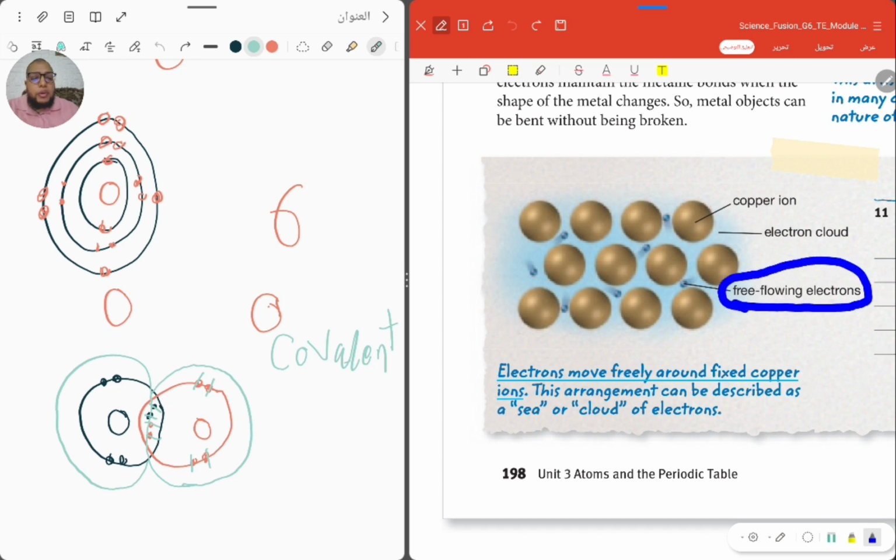These free flowing electrons give the metals a lot of properties, like being good conductors of heat and electricity, and malleable, and a lot of other properties which come from the flowing electrons of the metallic bond.